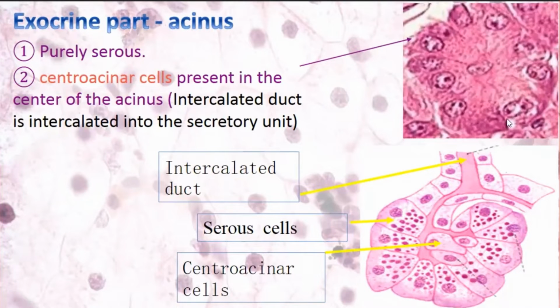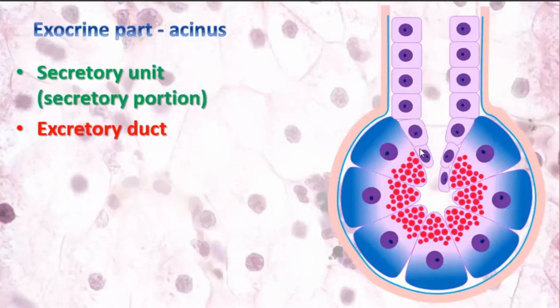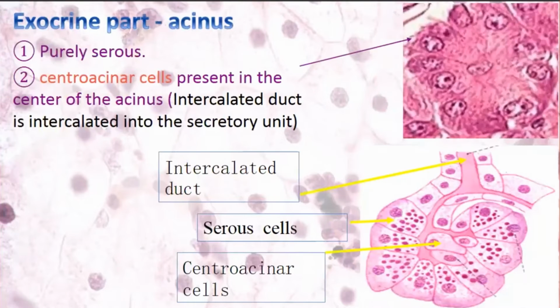And here we can see secretory unit. They are completely serous because cells of this unit, they produce proteins and they have specific structure characteristic for serous cells. They are specialized in the synthesis of proteins, and all enzymes produced by pancreas, they are proteins.